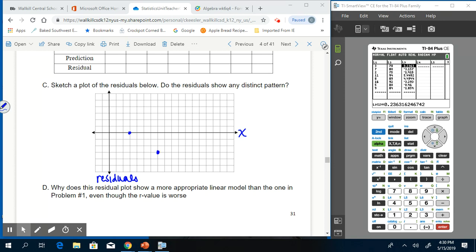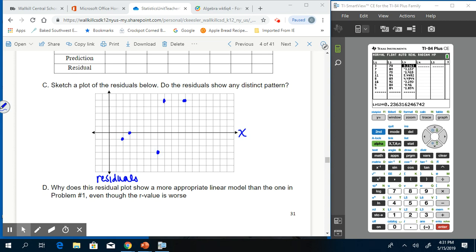For 2, we had a residual of -1. For 11, a residual of 5. For 8, a residual of 4. Actually, I think that one was 5. So we'll put in 5.